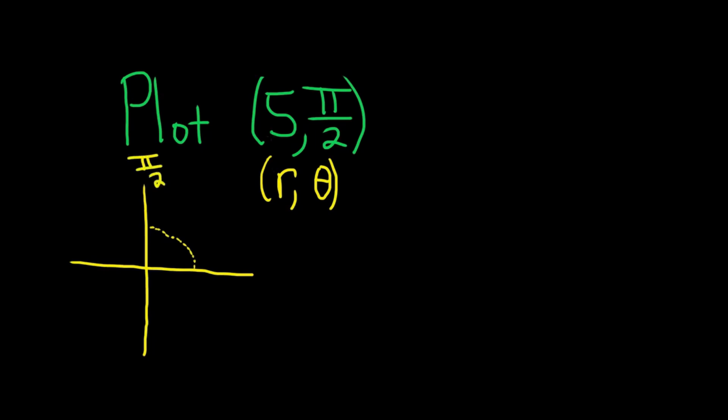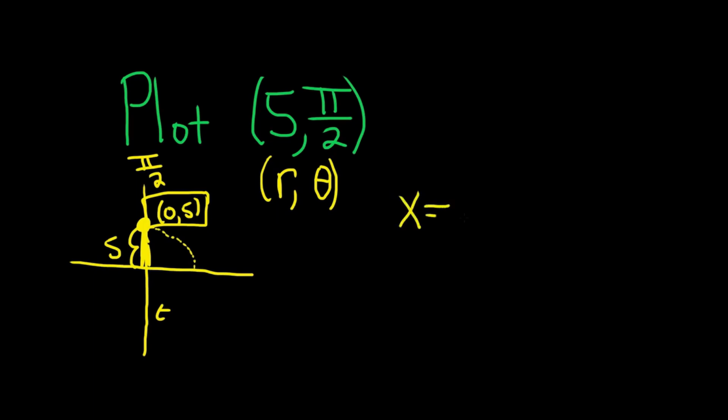And then because r is positive 5, you just go up 5, and right there, that's the point. That's your polar coordinate. If r was negative 5, you go the other way, so it would be down here. But it's positive, so there we are. This distance here is 5, which means that the rectangular coordinates are just 0, 5. Boom, done, that's it.